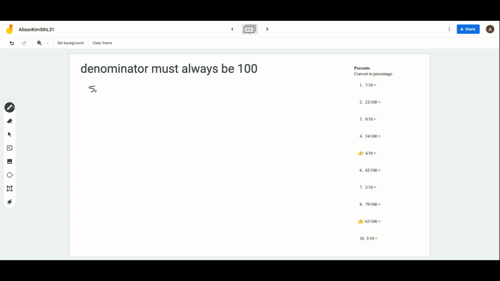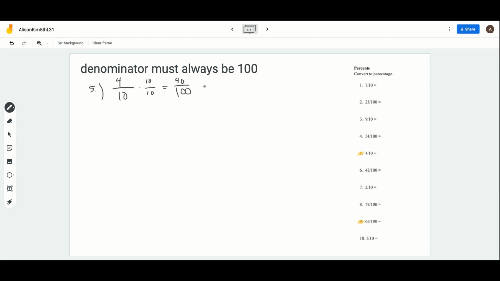So let's do number 5. Number 5 gives us 4 over 10, and we want to make it into 100, right? And we know that 10 times 10 equals 100, so we multiply the bottom by 10, and then we also have to multiply the top by 10, and we get 40. So now it's 40 over 100.